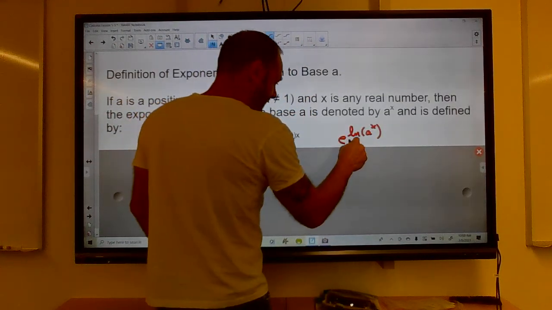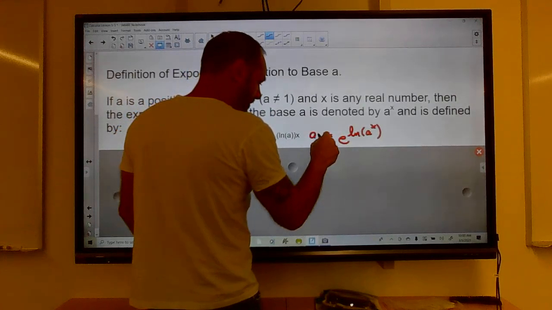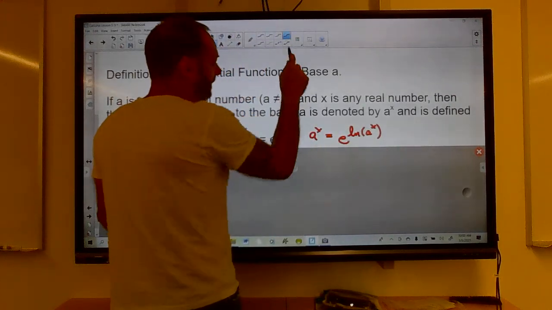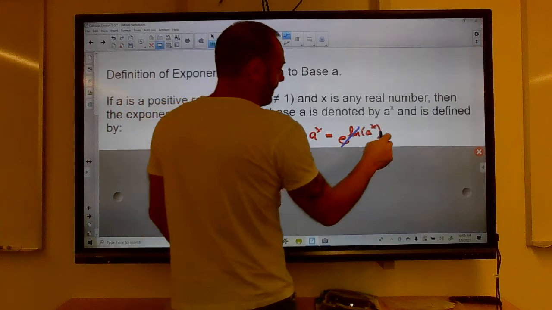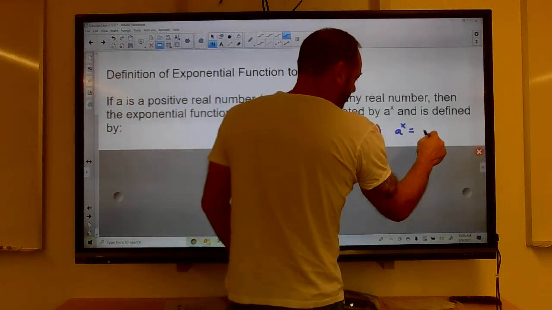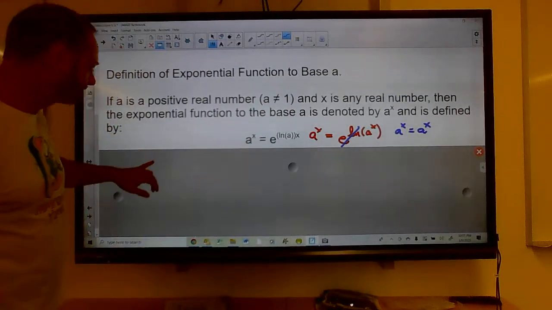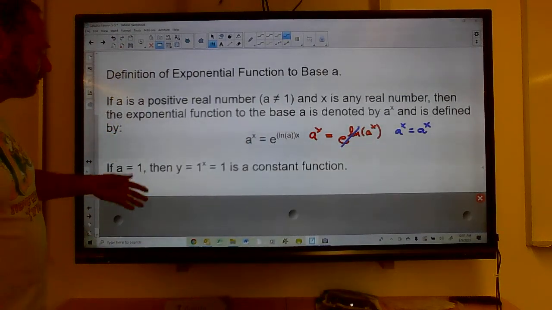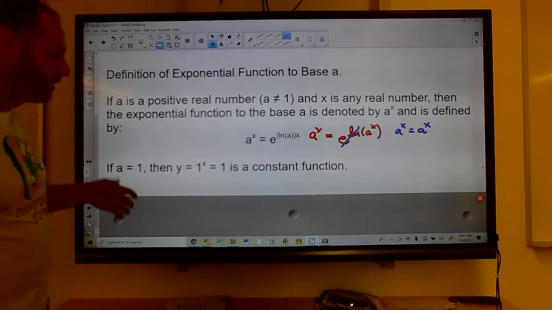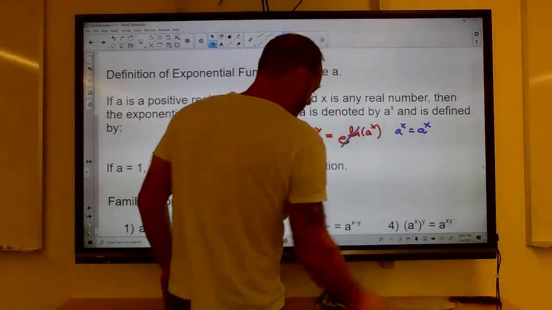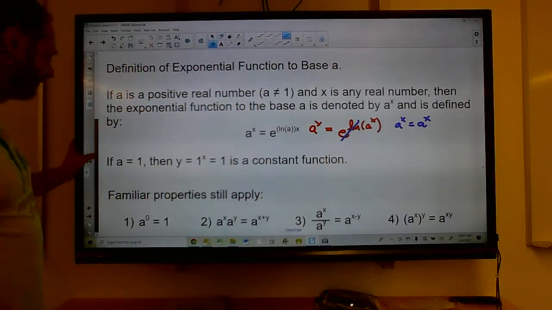And if I have an e here like this, the e and the natural log cancel out, and I just get a to the x equals a to the x. So those are the same thing. If a is 1, then y equals 1 to the x, which is just 1, a constant function.